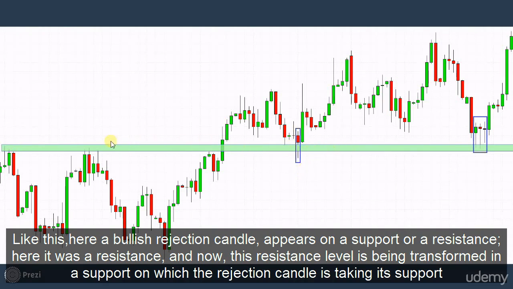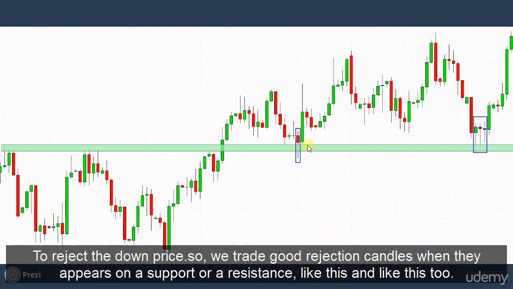Here it was a resistance, and now this resistance level is being transformed into a support on which the rejection candle is taking its support to reject the down prices. So we trade good rejection candles when they appear on a support or a resistance like this and like this too.